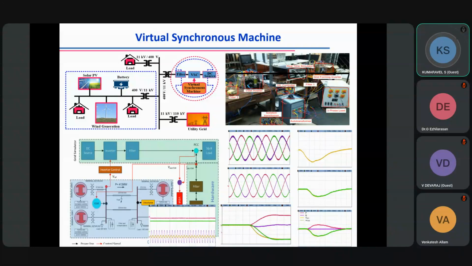in a satisfactory manner. In fact, now we are working on a CPRI project which was awarded based on the work I am showing now. We are developing a product for a domestic system using this concept of virtual synchronous machine. Okay, so that is a good way of promoting academicians in collaboration with industry.